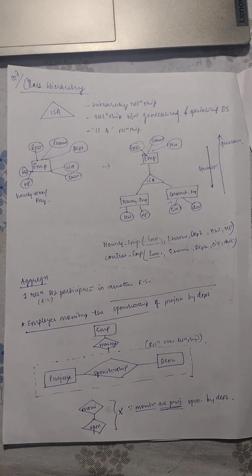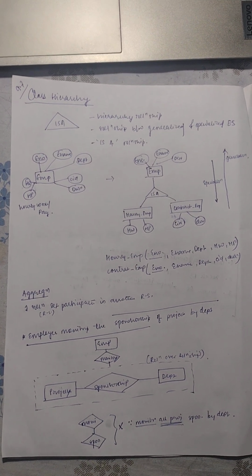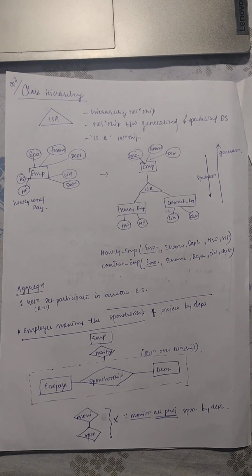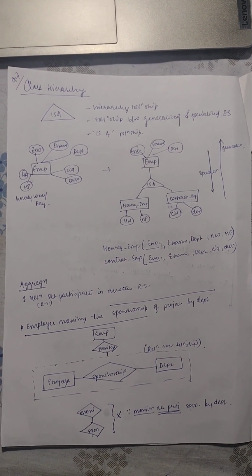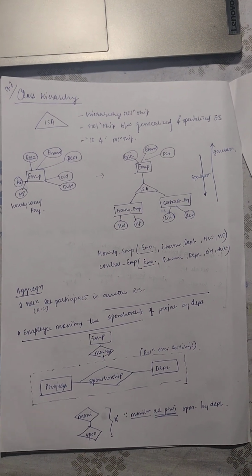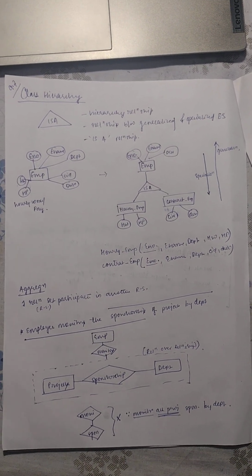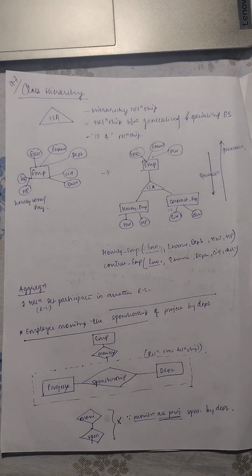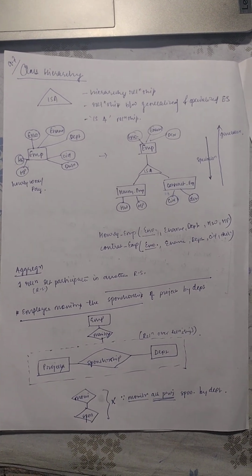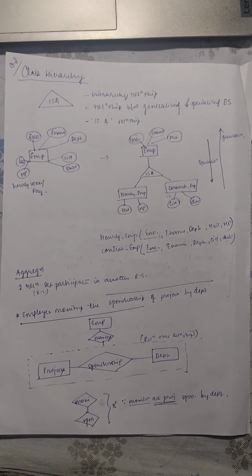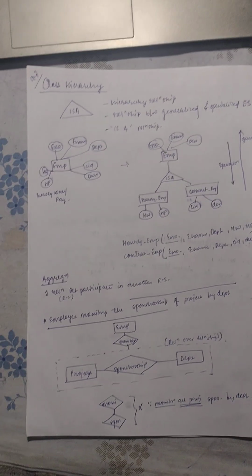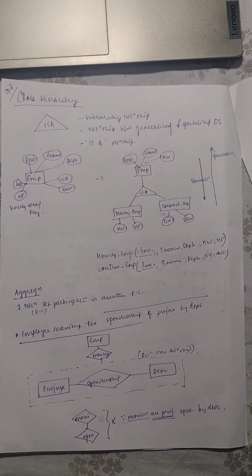So it is a relationship over a relationship, and we cannot just place the monitor relation over sponsorship, because it is not only a relation of the sponsorship, but a complete relation over project sponsorship by the department. It monitors all the projects sponsored by the department. So we just cannot put a relation over a relation and do it in a normal way. In this way, aggregation has to come into play in such problem statements.